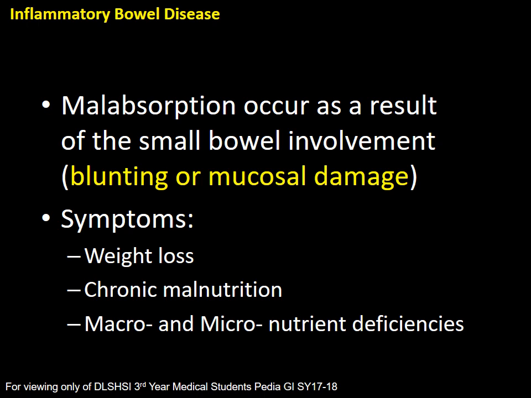How about inflammatory bowel disease? Malabsorption in IBD occurs as a result of small intestinal involvement, resulting from the decreased absorptive area, and symptoms may include weight loss, chronic malnutrition, and macro or micronutrient deficiencies.